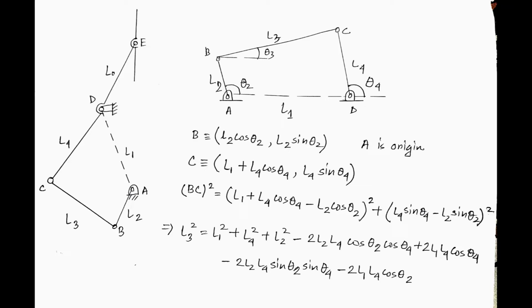Taking the origin as A, we can easily calculate the coordinate of point B and point C. And as BC is equal to L3, we can find the distance as shown in the calculation. Here, coordinate of B is L2 cos theta 2, L2 sin theta 2, and coordinate of C is L1 plus L4 cos theta 4, L4 sin theta 4, and we can find L3 by distance formula.